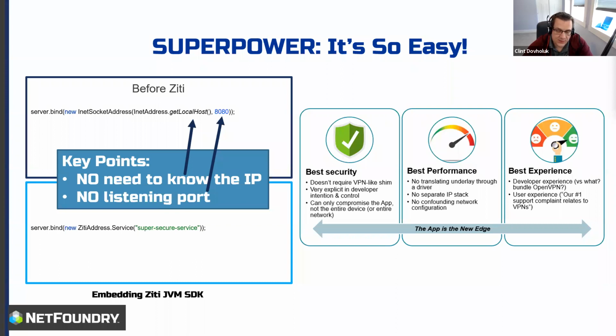But I've been in situations where my network administrator decided it was a good idea to translate external port 8443 to internal port 443. So I was happy listening on port 443, and never knew that people were trying to send traffic to 8443, and none of my traffic landed at my server. You don't have to deal with any of that in an OpenZiti network. You simply have to say, let me listen on a service, and this is the service name. It's really that simple. You now have a server ready to accept requests.